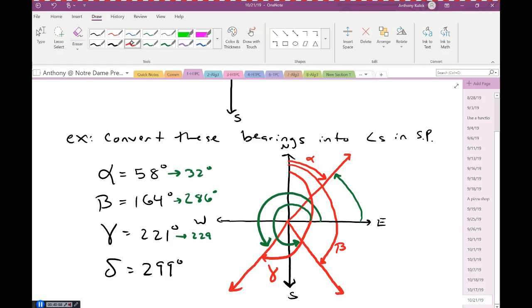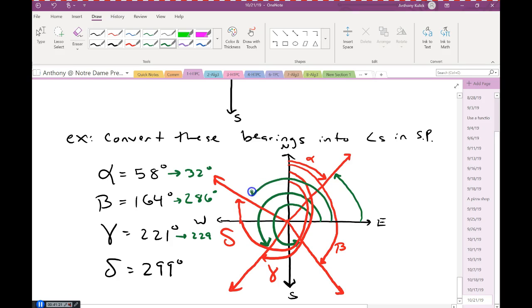And then 90 plus 90 plus 49 gives us the 229. And the last one is 299. So 90, 180, 270, and then 29 more. So the angle we're looking for then is this one.